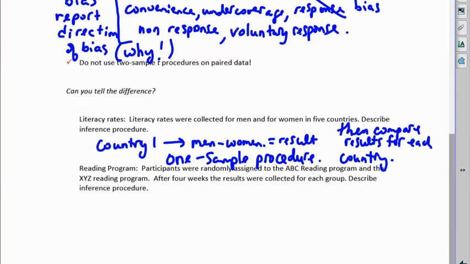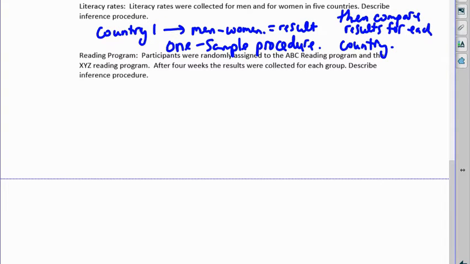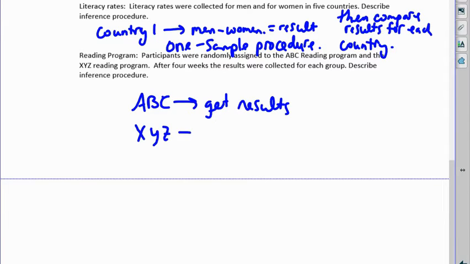Okay, now if we have these participants and they have been randomly assigned to the ABC reading program and the XYZ reading program, after 4 weeks the results are collected for each group, and then we're going to compare. In that case, we're going to go ABC and get our results, and we're going to go XYZ and get results.